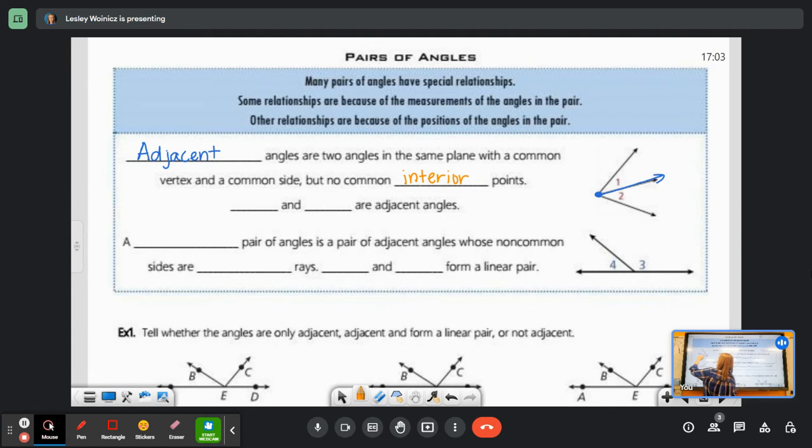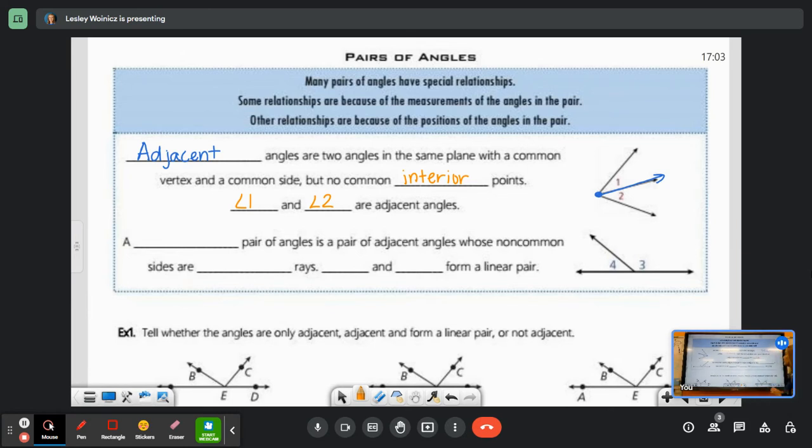All of the interior points for angle 2 are only interior to angle 2. They're not interior to angle 1. They're next to each other, but they're not overlapping. So angle 1 and angle 2 are adjacent angles.